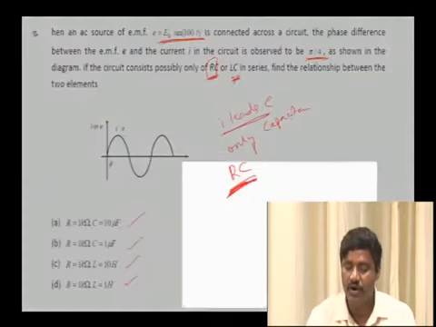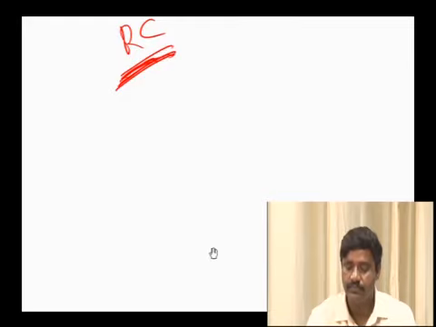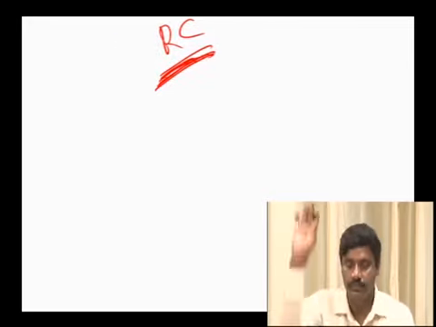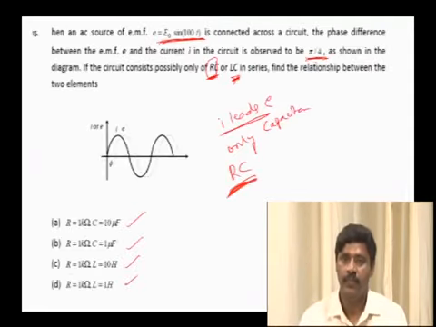So the RL cannot be the answer. The only options left are these 2, RC combination option 1, RC combination option 2. We have to choose between these first and second.